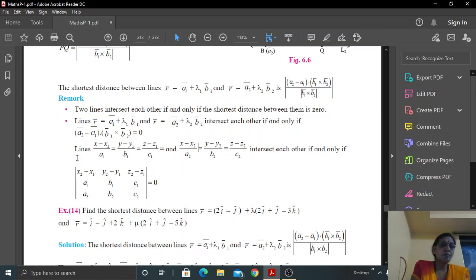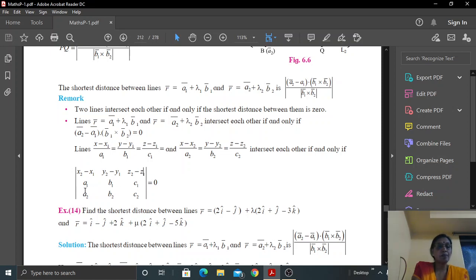Next, the lines (x minus x1) upon a1 equal to (y minus y1) upon b1 equal to (z minus z1) upon c1, and (x minus x2) upon a2 equal to (y minus y2) upon b2 equal to (z minus z2) upon c2, intersect each other if and only if the determinant is zero, where the first row is x2 minus x1, y2 minus y1, z2 minus z1.